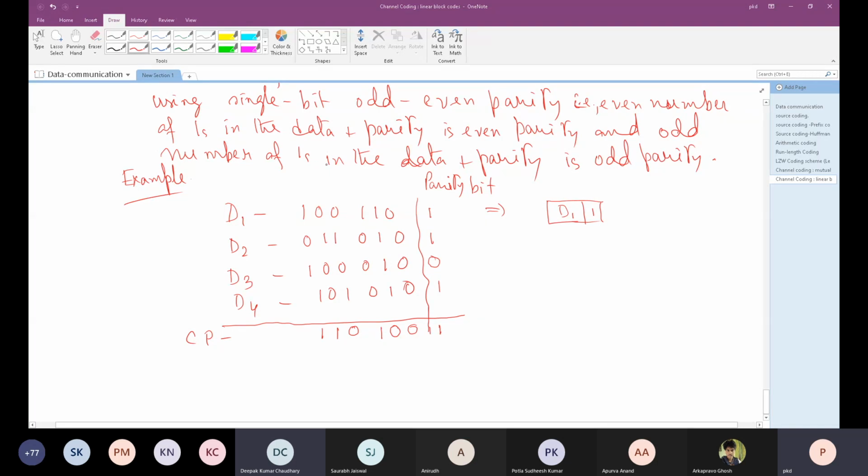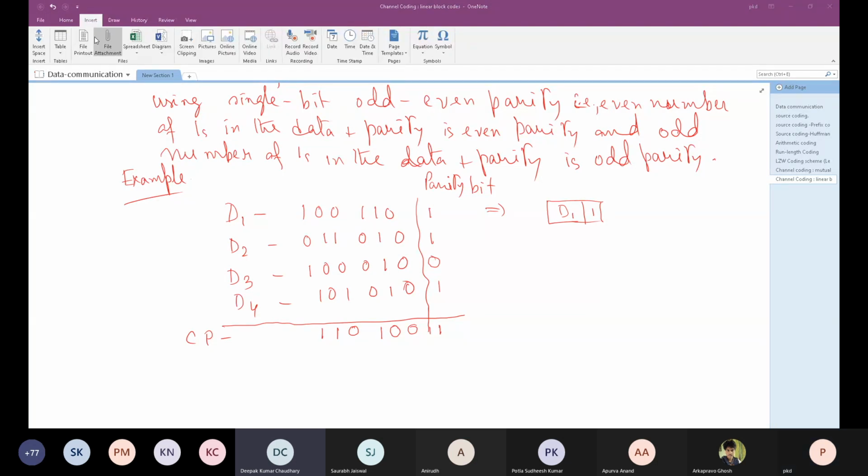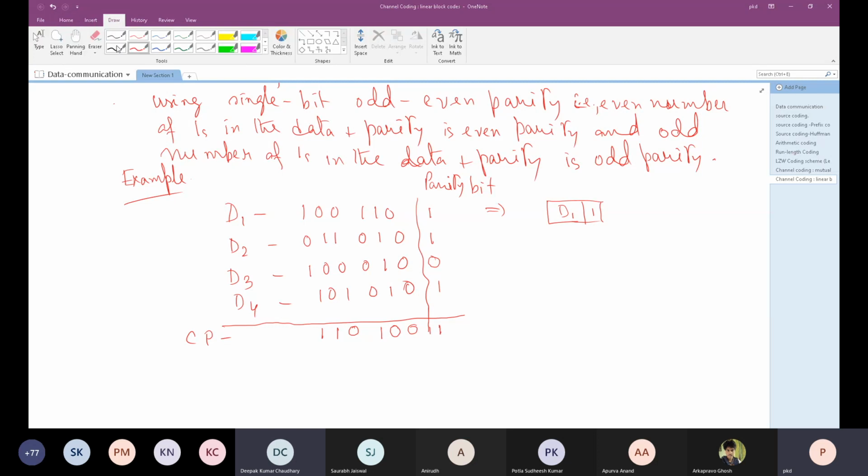No, I think this is written wrong. I think an even number of ones in the data is odd parity, because we are representing the odd parity by a 0 bit. So therefore that is how the parity bit is represented.